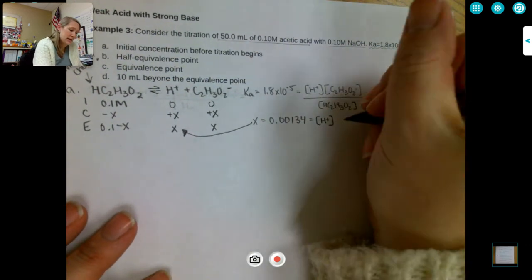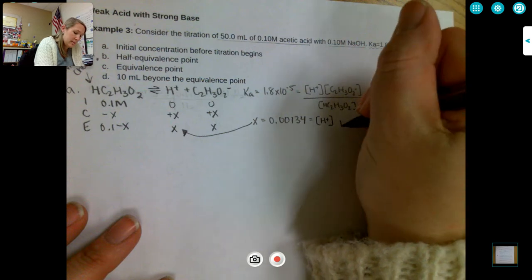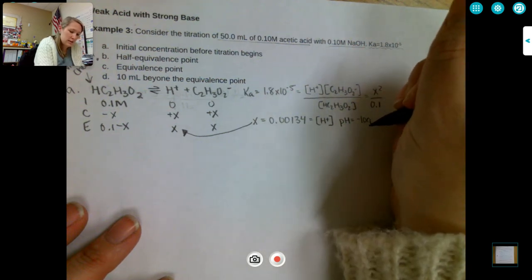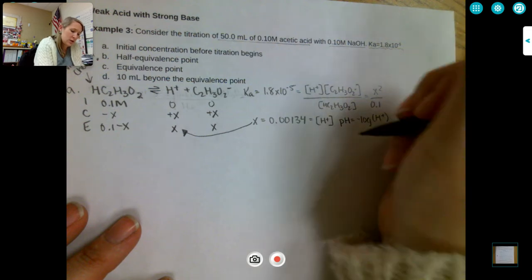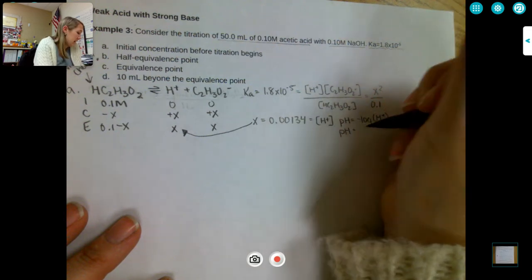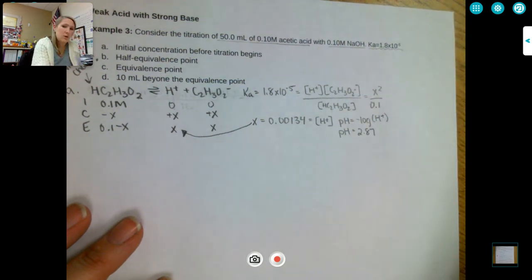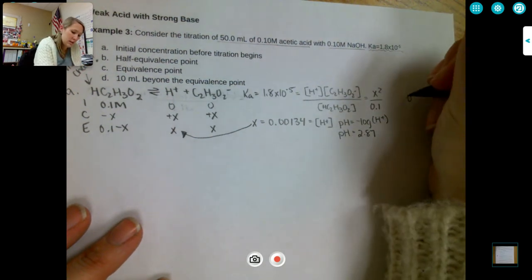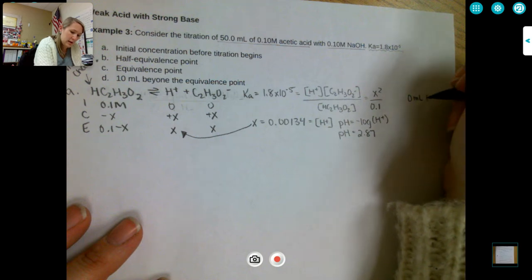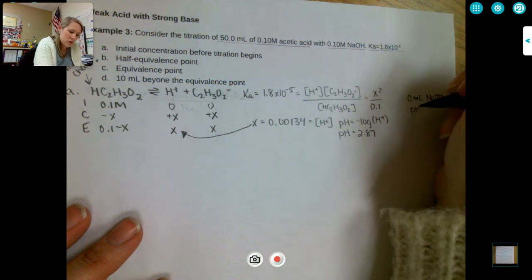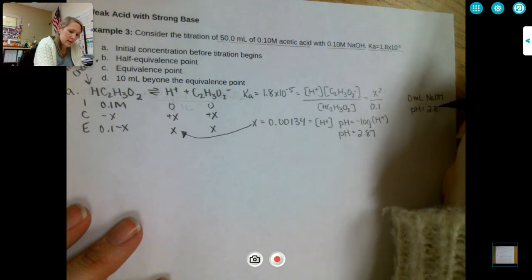So I know my hydrogen ion concentration, which means that my pH is equal to the negative log of my hydrogen ion concentration. When I plug that in, I get a pH equal to 2.87. So far, I have 0 milliliters of my sodium hydroxide, and I have a pH equal to 2.87.